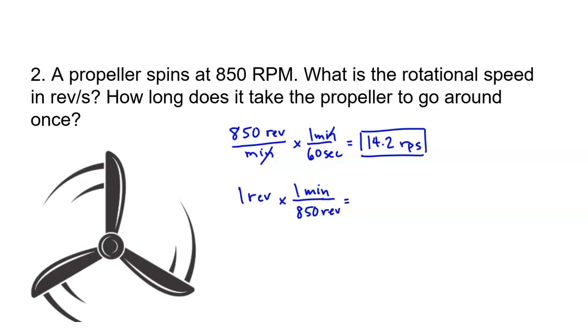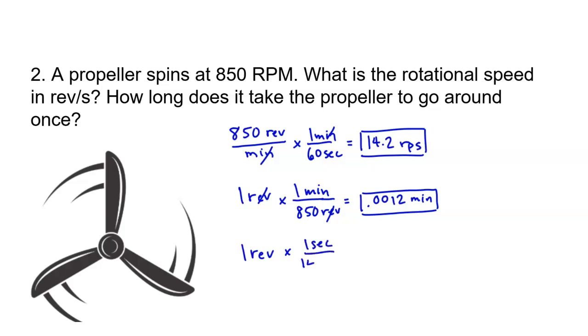So 1 divided by 850, and by the way, the revolutions cancel out here. So 1 divided by 850 is 0.0012 minutes.